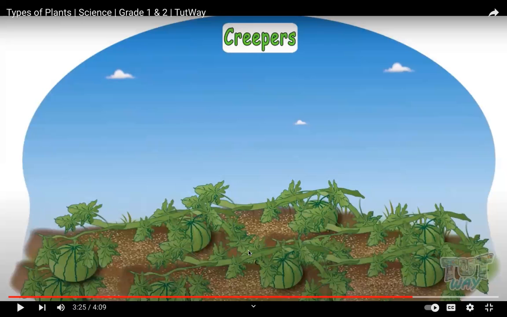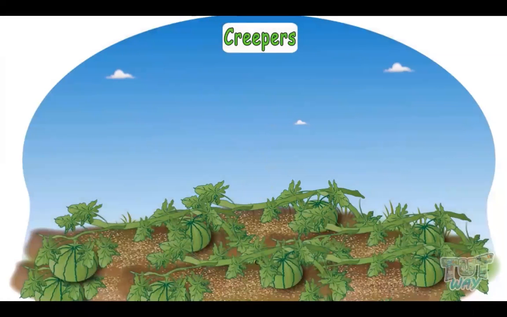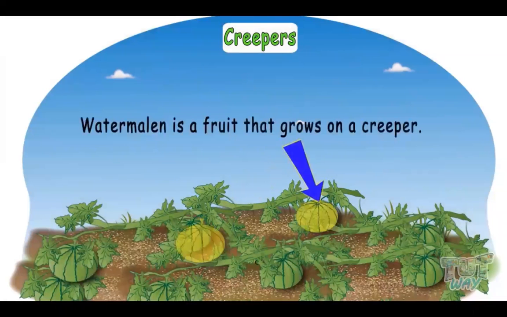Very good. Can you give me one example, beta? Ma'am, watermelon. Very good. Watermelon. They too have weak stems. This is an example of creepers. Watermelon is a fruit that is grown on a creeper.